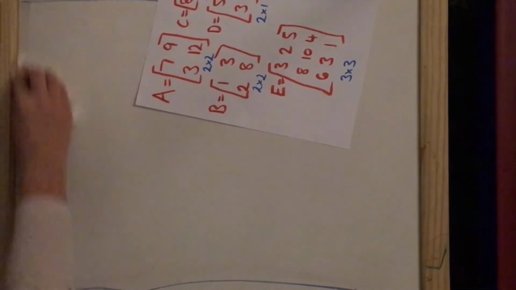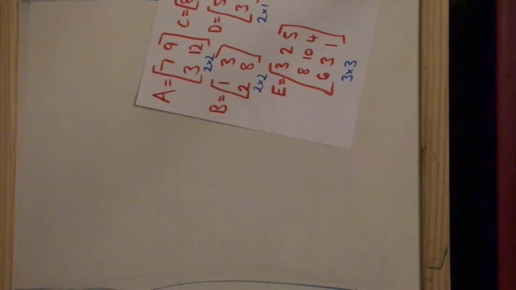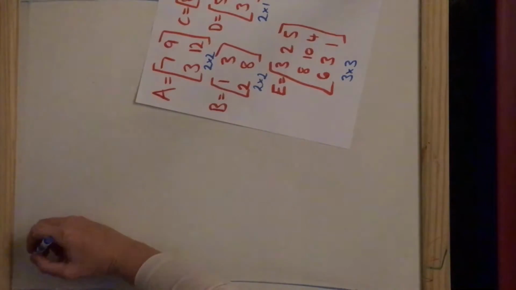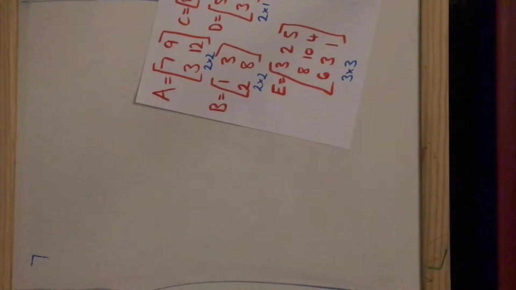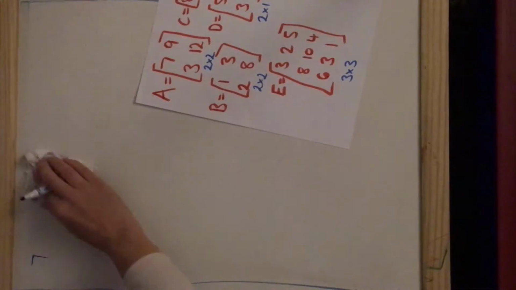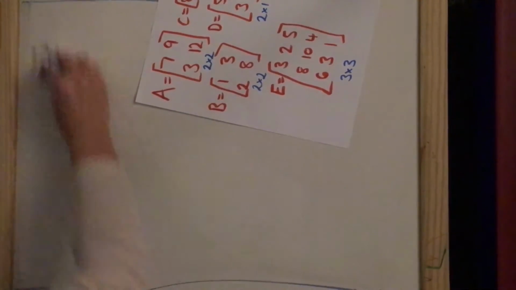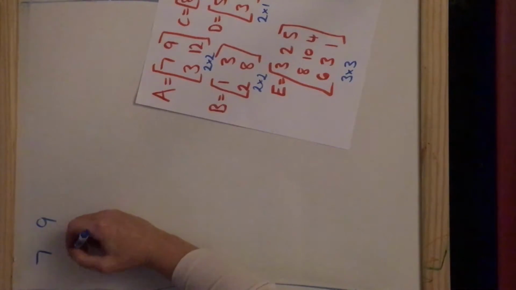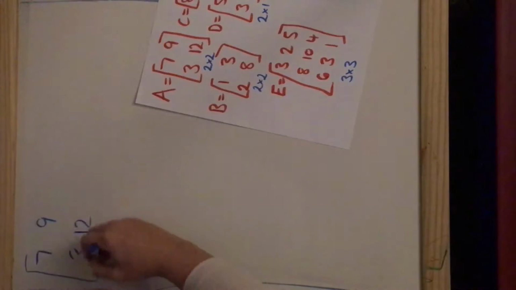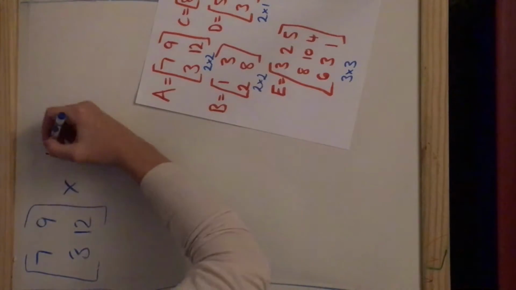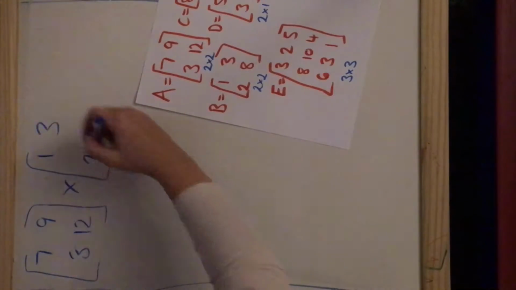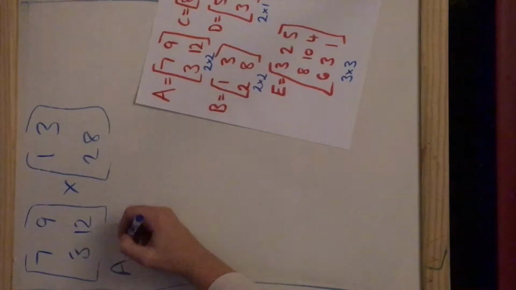So if I look at A multiplied by B, this one and this one, so A multiplied by B.